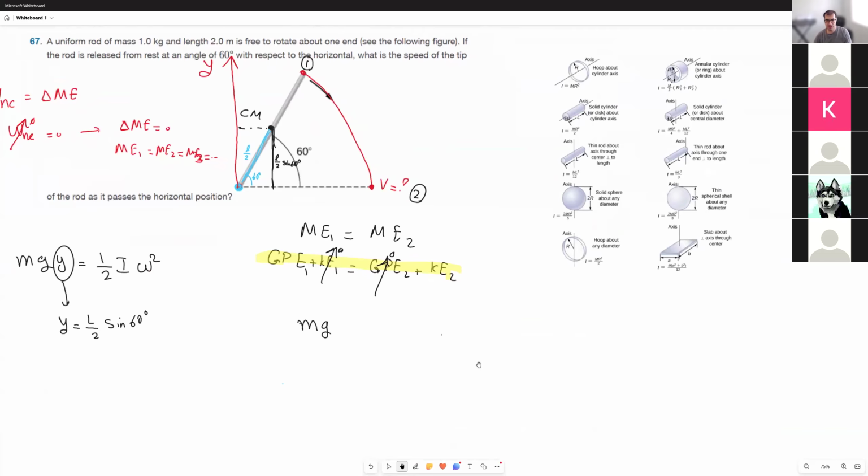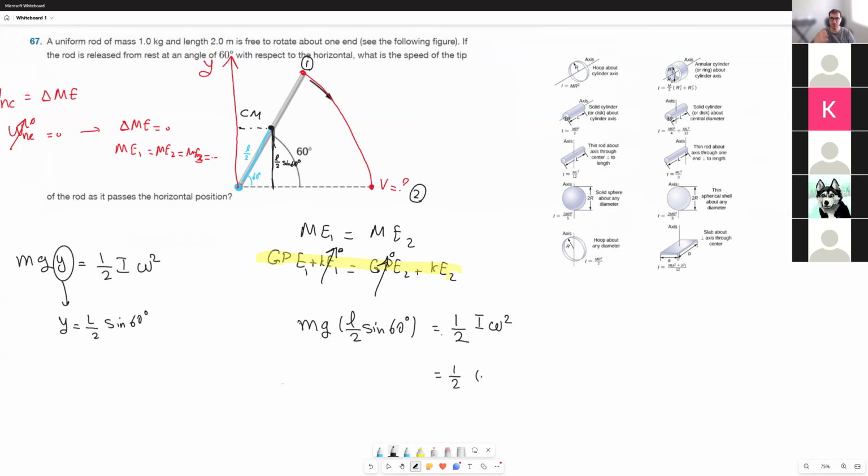So mg multiplied by L over 2 sine 60 degrees is going to be equal to half, the kinetic energy, which is rotational kinetic energy, half I omega squared. And now what is omega? Let's take care of the right hand side of the equation. What is I?